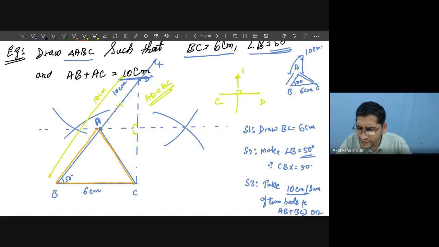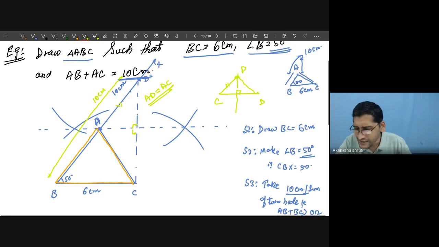If you have the point P, then PC is equal to PD. So that's why we have drawn this perpendicular bisector of DC or CD. Therefore, the point A lies on this perpendicular bisector.